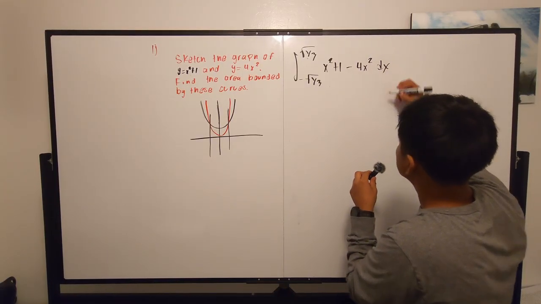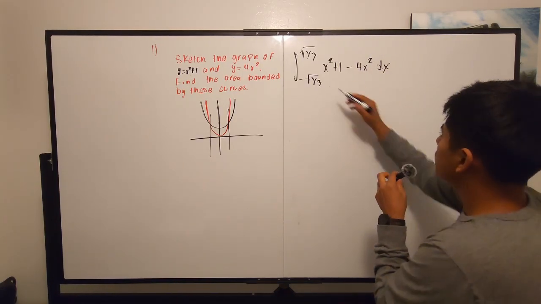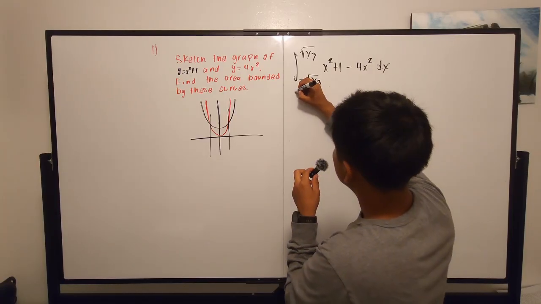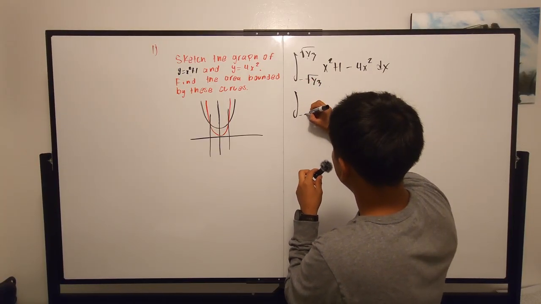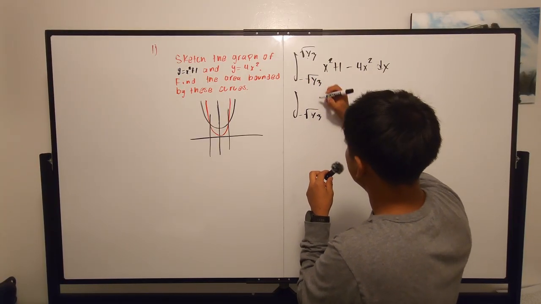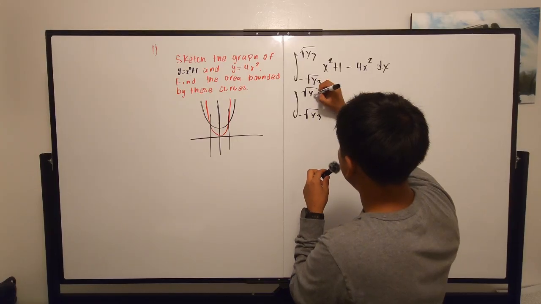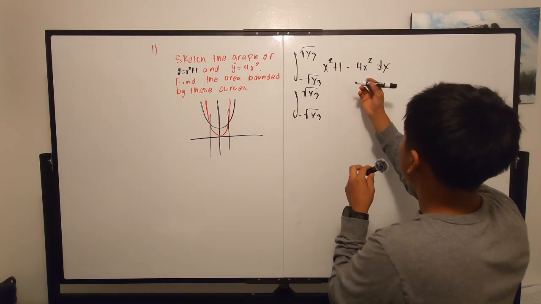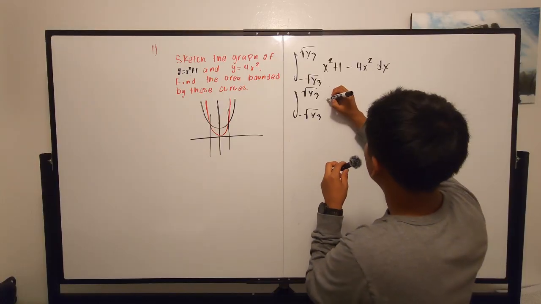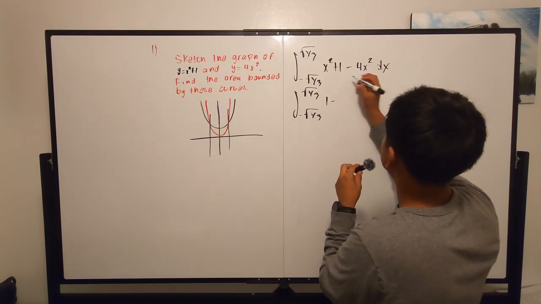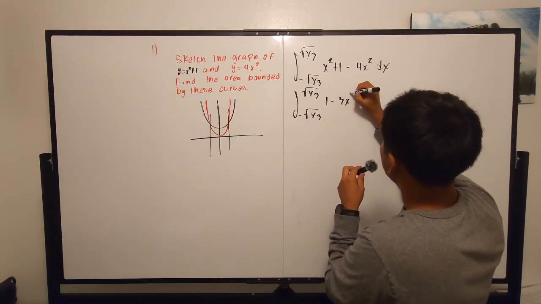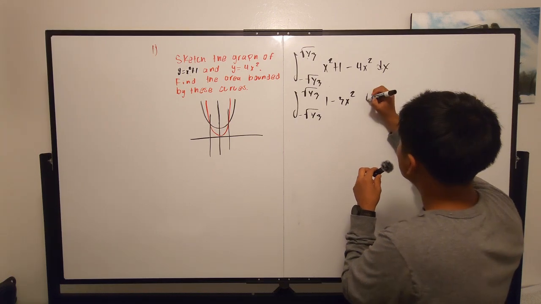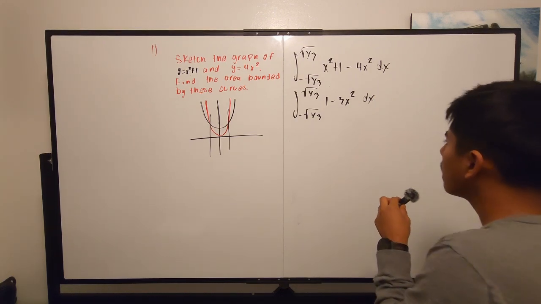with respect to x. Now I'm going to combine like terms here. So we have the integral from negative square root of 1 over 3 to the square root of 1 over 3. That looks like a y, but it's a 1 over 3. And we'll have 1 minus 3x squared with respect to x.